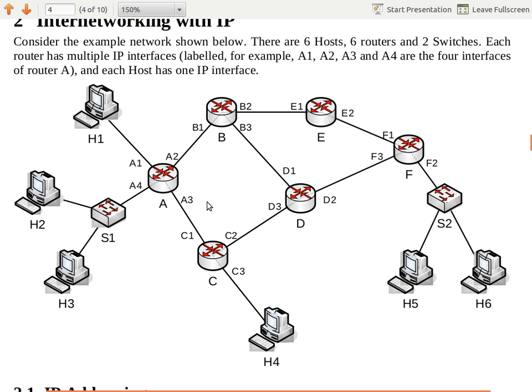We have a special network address. Remember, a network address we use to refer to a particular network. What is the network address for net 1? Find the network address for net 1. That is the network with host 1 attached.